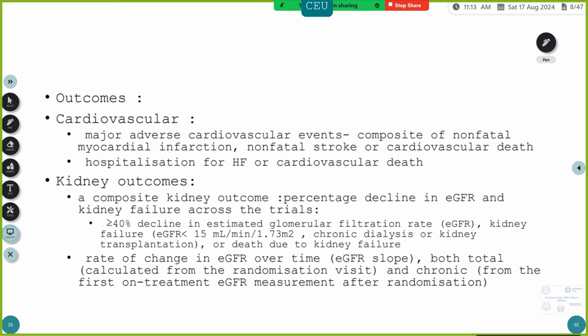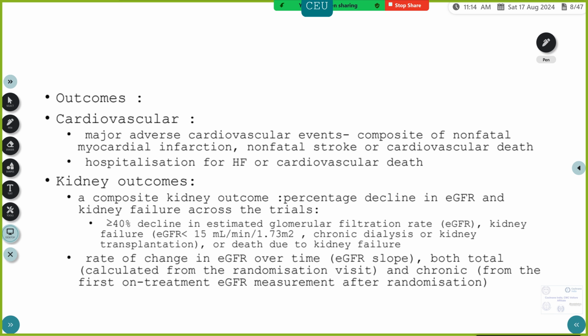That is a composite of non-fatal myocardial infarction, non-fatal stroke or cardiovascular death, and hospitalization for heart failure or cardiovascular death. This is the cardiovascular outcome they looked at. They also looked at a kidney outcome, which was a composite kidney outcome, looking at decline in EGFR, or the glomerular filtration rate, defined as a more than 40% decline in EGFR, kidney failure, which they defined as an EGFR of less than 15, chronic dialysis or kidney transplantation, or death due to kidney failure.